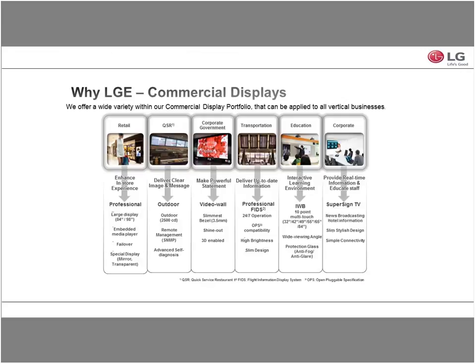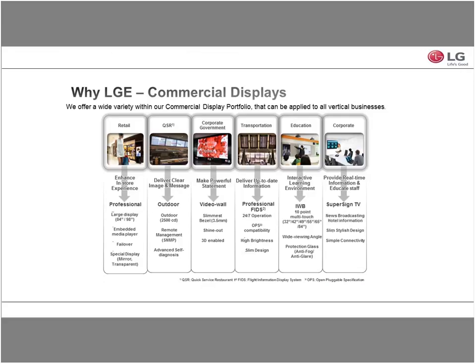All right. So here we find a great range of all of the different verticals that we participate in, from retail, QSR, government, transportation, education, and also corporate. Now, with the solutions that we're talking about today, the UH5B, which is the digital signage solution, we recommend that it would be a great fit into the retail, corporate, and transportation space.